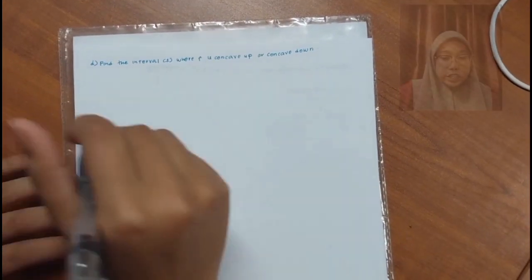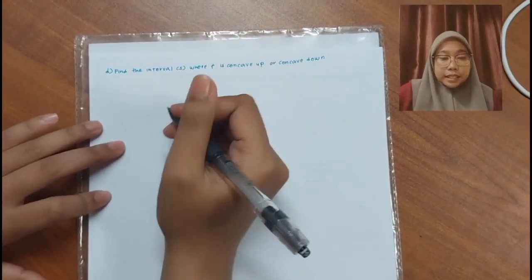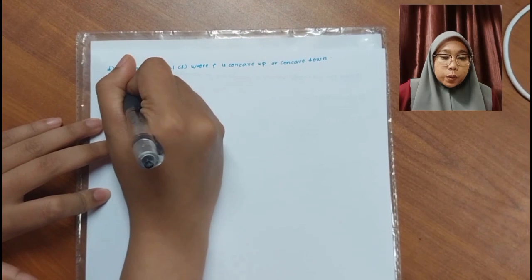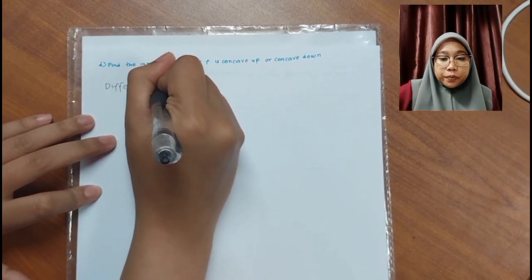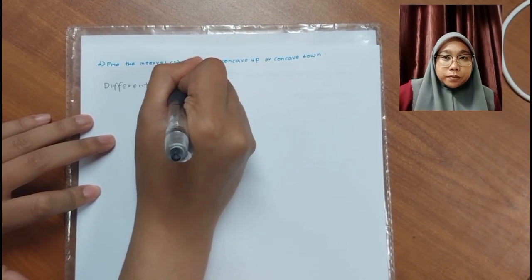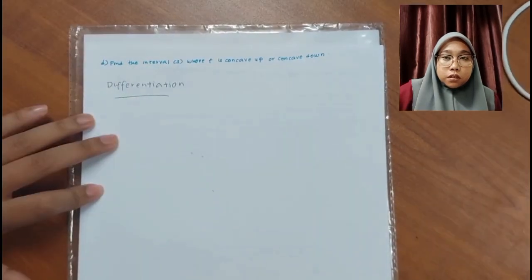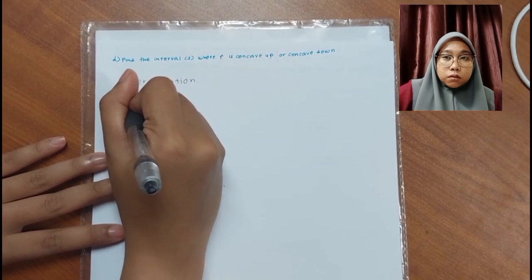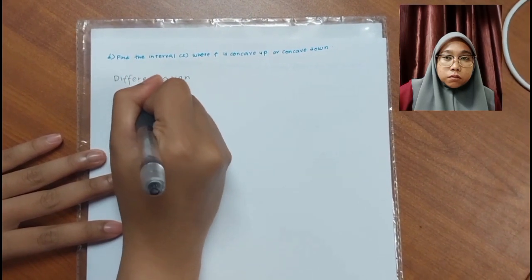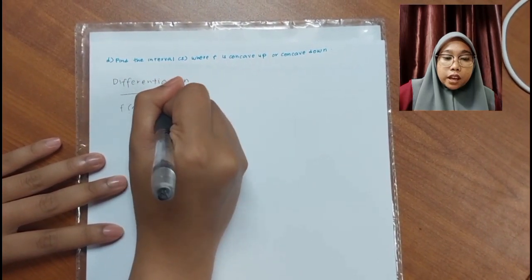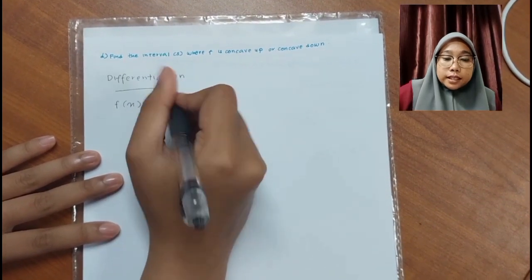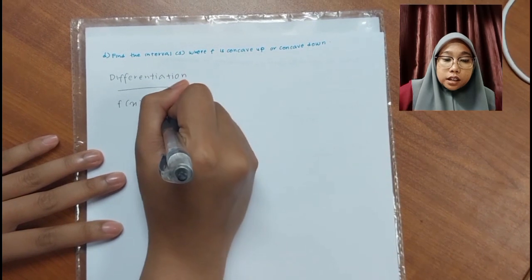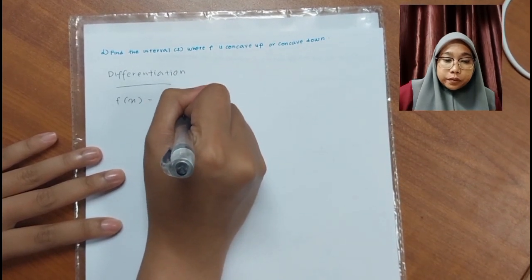Okay, for question D, we can use the same method as C, which is differentiation from the original function. f of x equals 2x minus 6 over x plus 3.